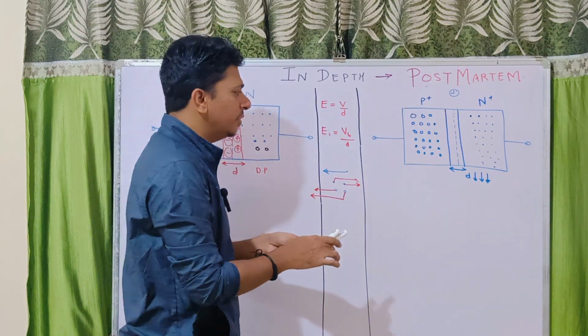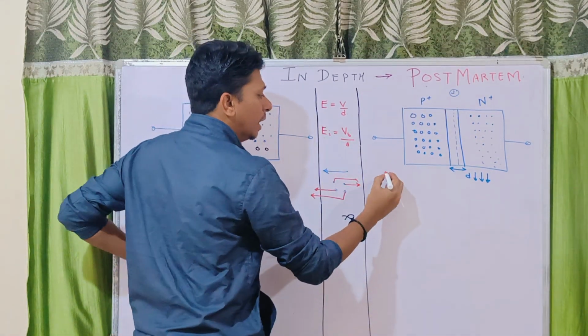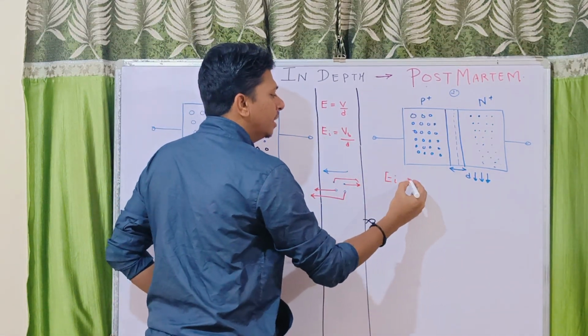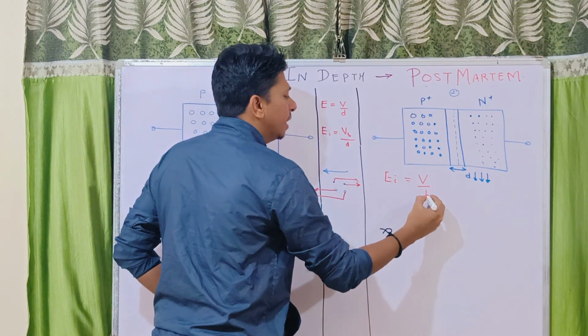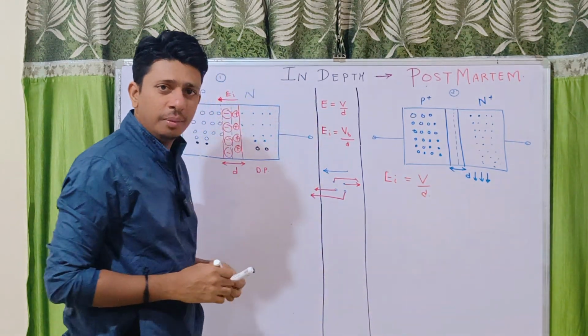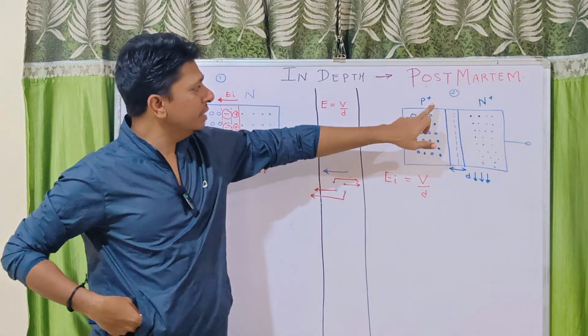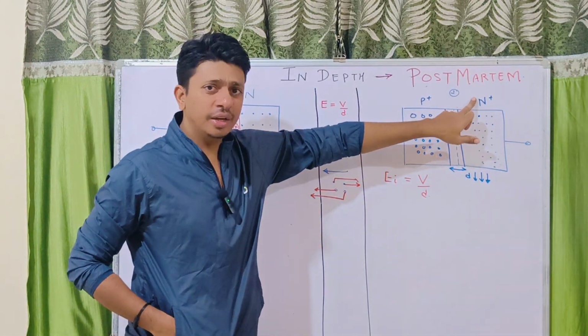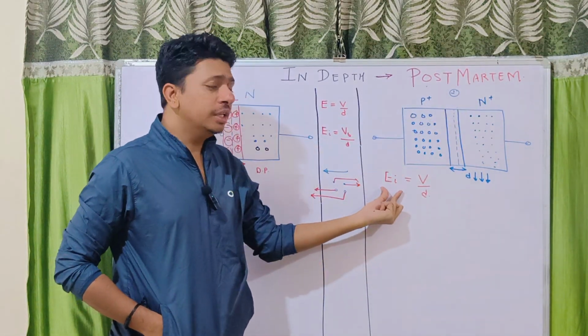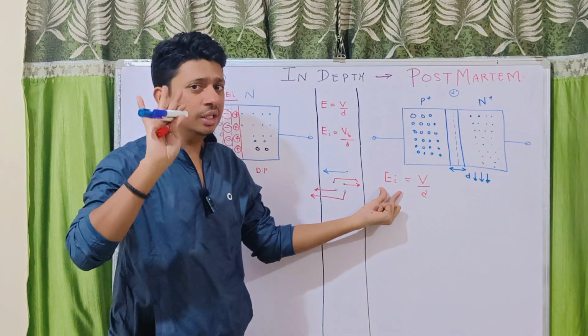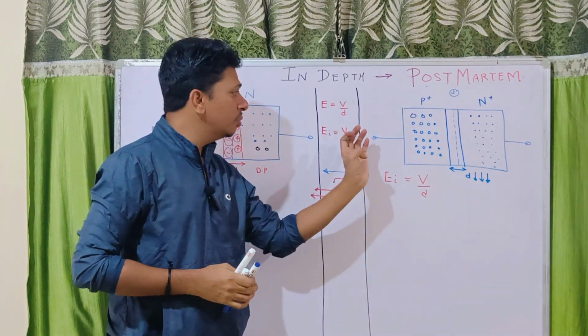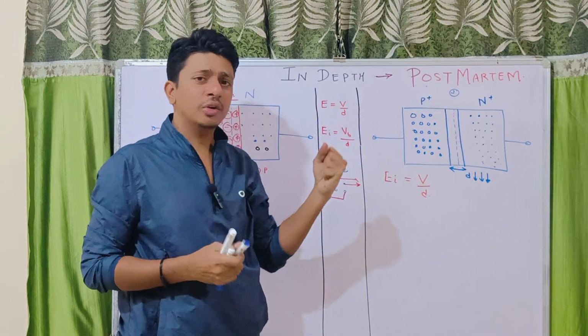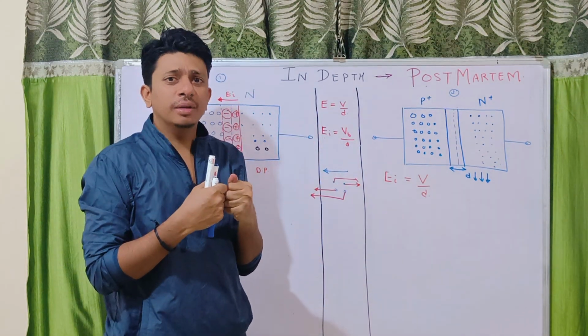So if we see the formula, internal electric field is equal to V by D, what will happen? Due to the increase in the carrier concentration here and here, first of all the internal electric field is going to increase. Why? Because more and more holes and more electrons will make a deal.